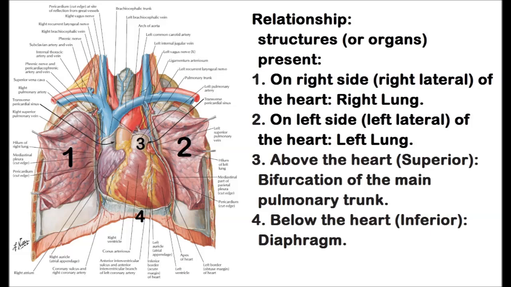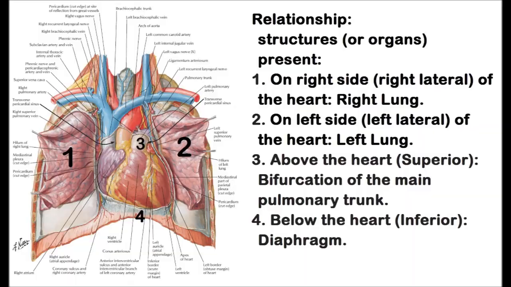And above the heart or superior to the heart is the bifurcation of the pulmonary trunk, or where the pulmonary trunk divides. Below the heart or inferior to the heart is the diaphragm. We can easily identify these structures on the diagram as well. And for the purpose of easy identification, I have marked the right lung with number 1, left lung with 2, pulmonary trunk with 3 and diaphragm with 4.